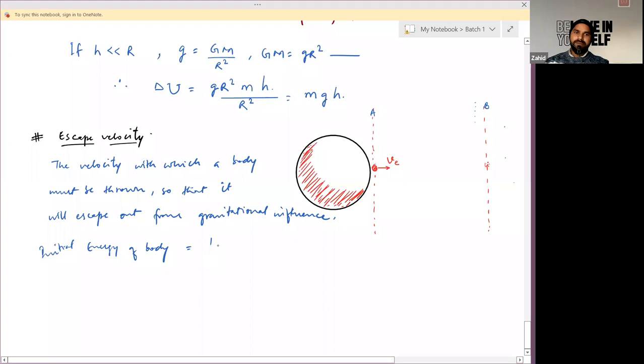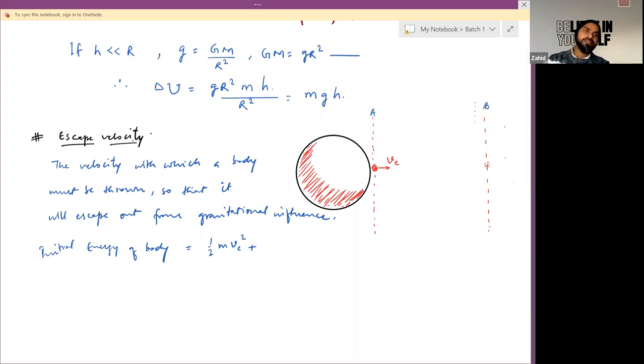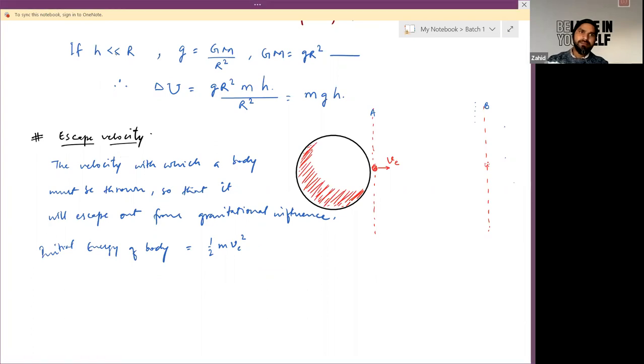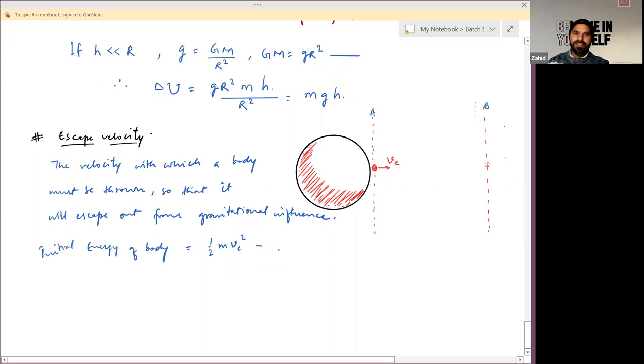So it will be half mv square, and gravitational potential energy is minus GMm by r.